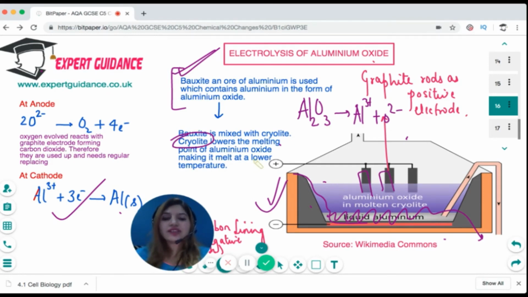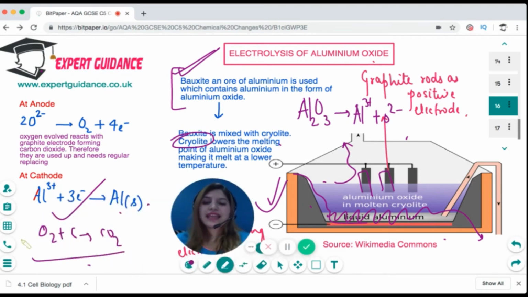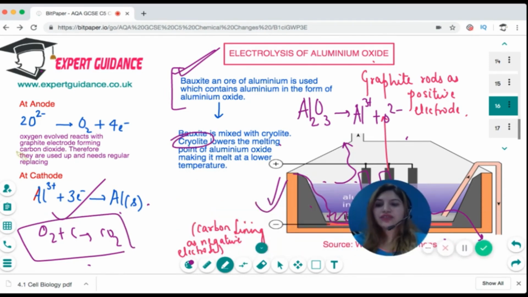This oxygen gas reacts with these graphite electrodes and converts into carbon dioxide and is released into the atmosphere. So this is the reaction which results in the consumption of these graphite electrodes. So these graphite electrodes are used up and need regular replacing.